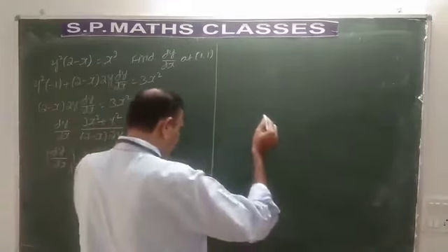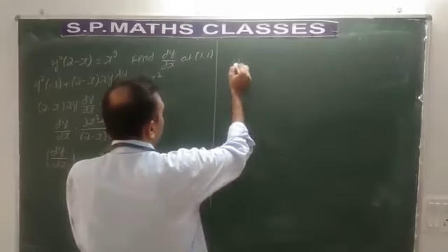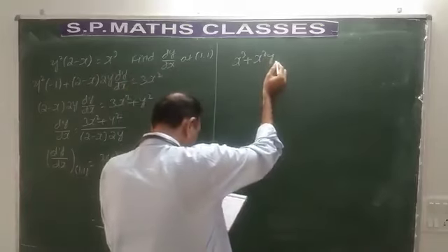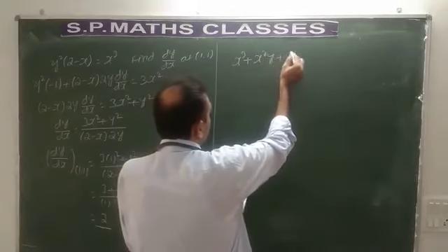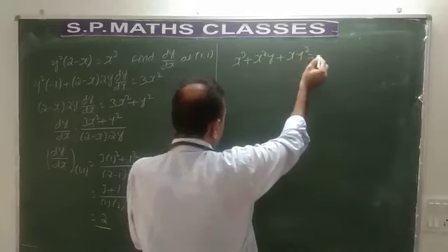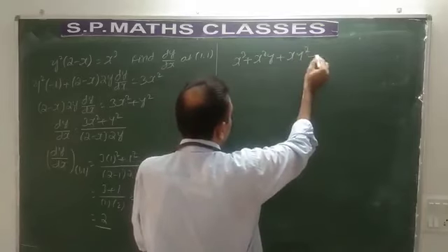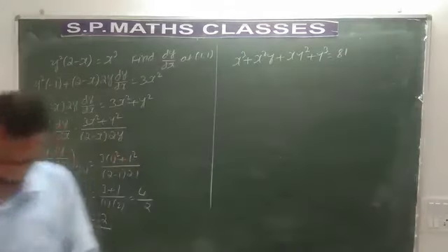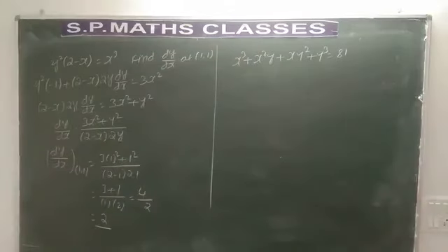Next, find dy by dx if x cube plus x squared y plus xy squared plus y cube is equal to 81. You need to find dy by dx for this.